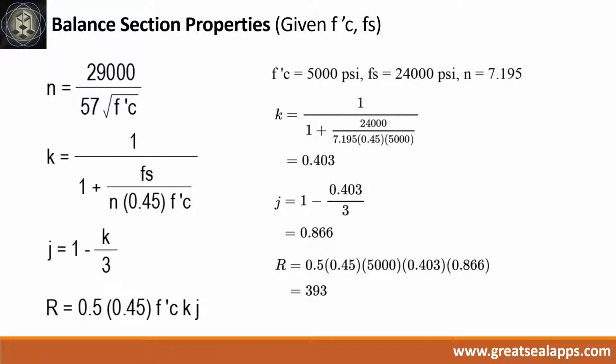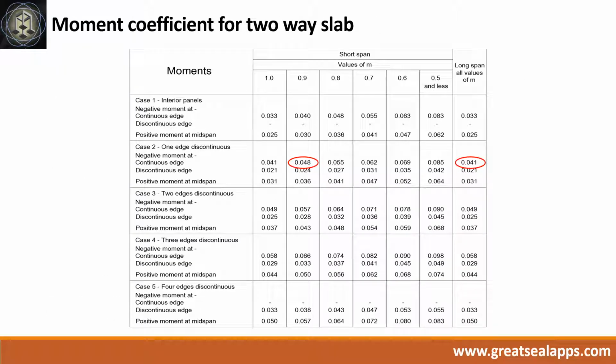Given Fc prime equals 5,000 psi, Fs equals 24,000 psi, the balanced section properties are as follows. N equals 7.195, K equals 0.403, J equals 0.866, R equals 393. The ratio M equals 0.9.